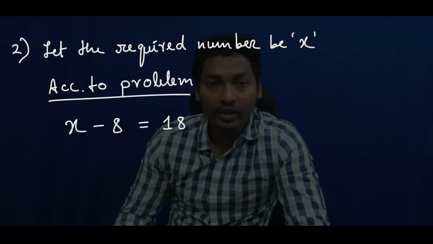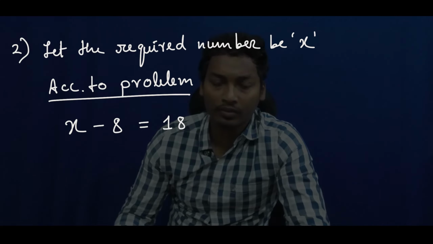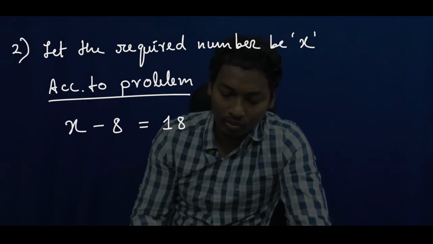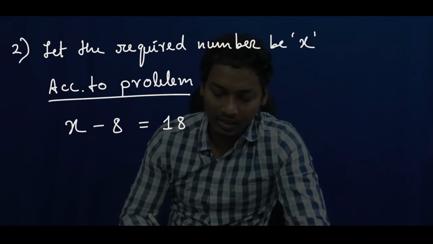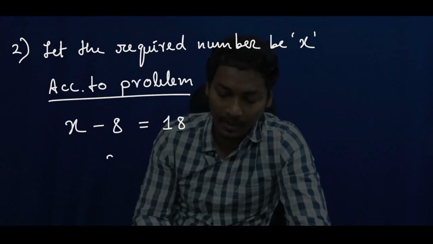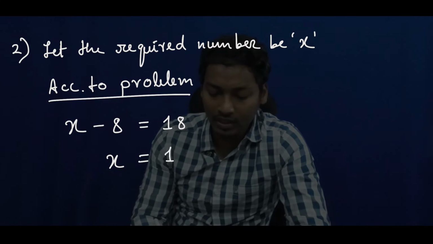It's important to get the equation right before you start solving the equation. So as we can see, according to the question, this equation is absolutely correct. So let's just solve it. Let's transpose 8 on the other side.